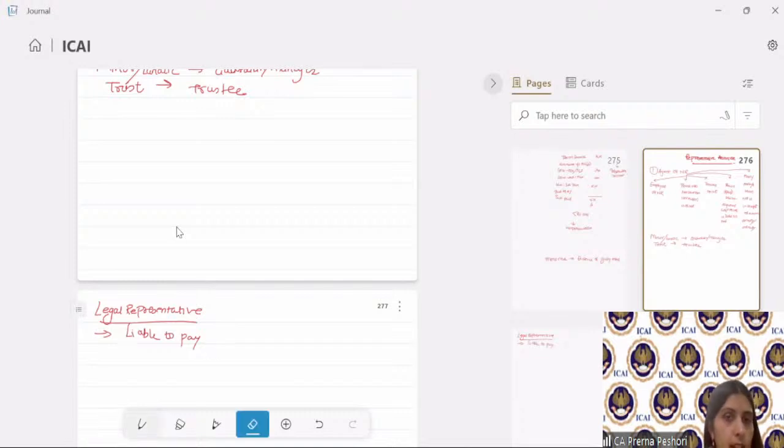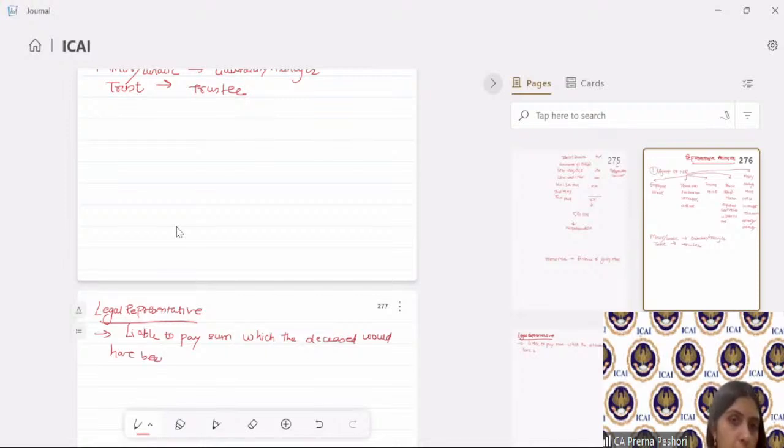Let's write the sum because it could include tax, interest, penalty, which the deceased would have been liable to pay in the same manner and to the same extent.